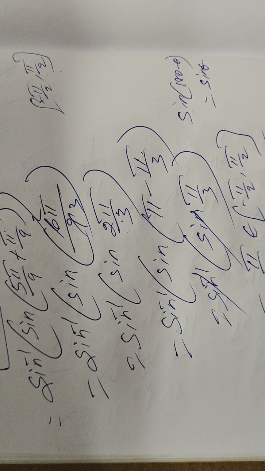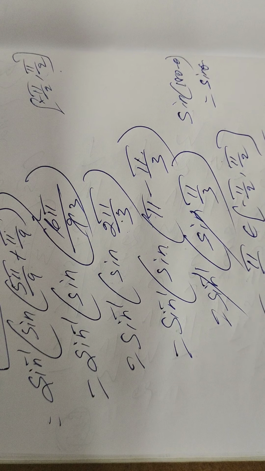this can be written as cos inverse of cos of A plus B, pi by 7 plus pi by 17. The LCM is 17 into 7, 119.